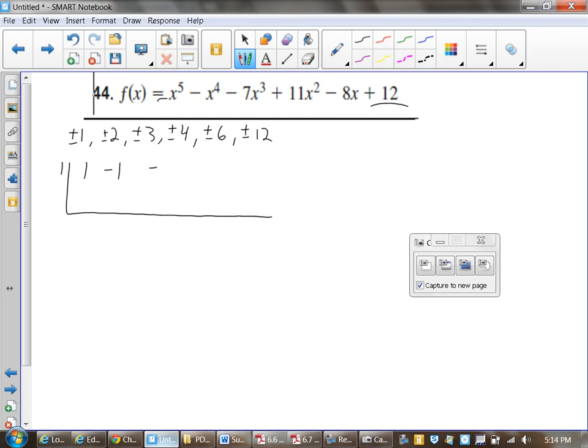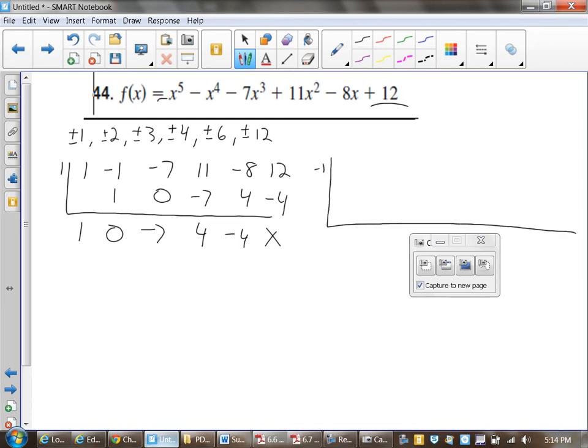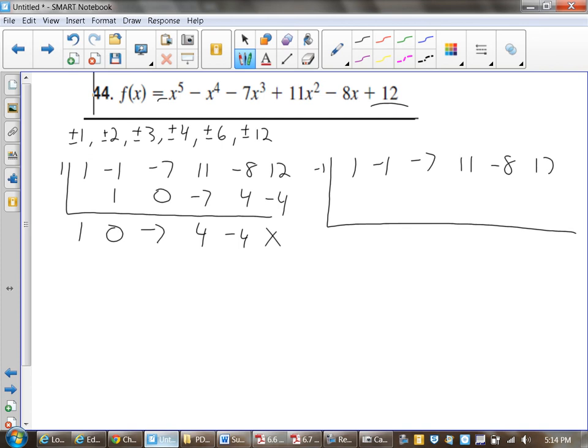1, negative 7, 11, negative 8, and 12. And that didn't work. Continue on with the next one. Try negative 1. 1, negative 1, negative 7, 11, negative 8, 12.